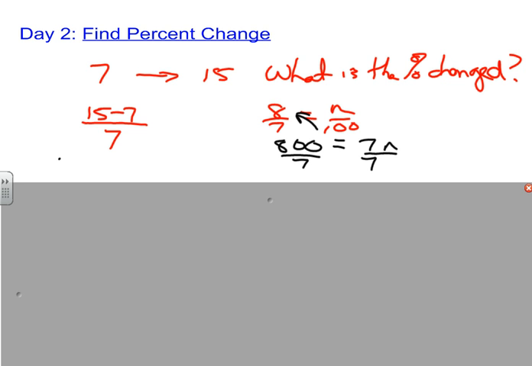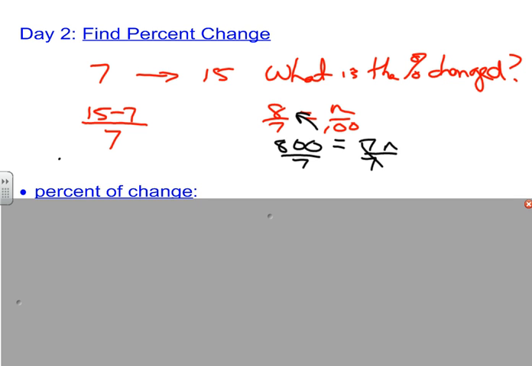You see why I multiply by 100? And 7 goes into 8 how many times? 1. 7 goes into 10 how many times? 1. And then there's 30 left. So 7 goes into 30 4 times, and then there's 2 left. Okay, so you can go work that out with division, right? But there it is. There's your percent exactly. Just about what Nick said, 114%.